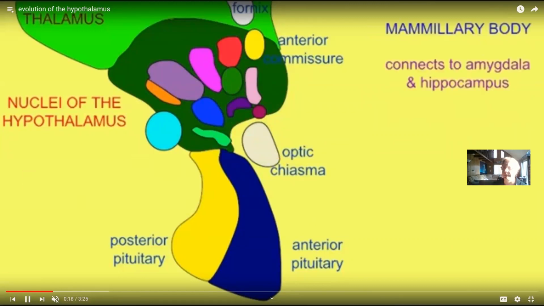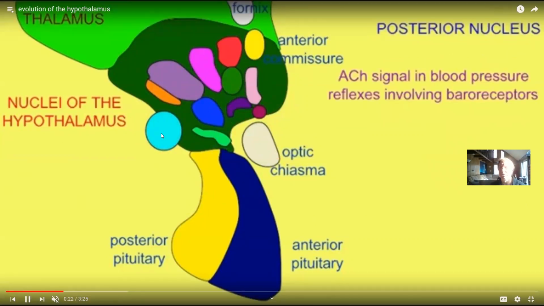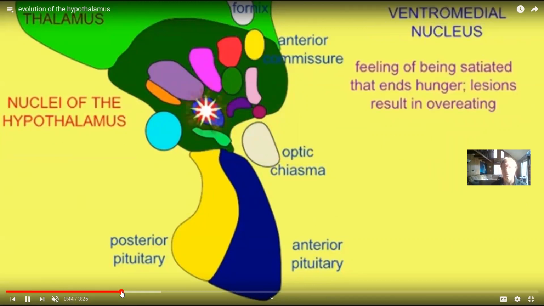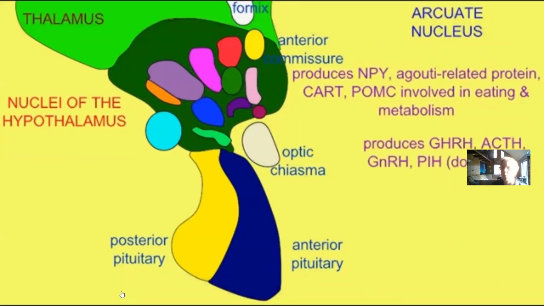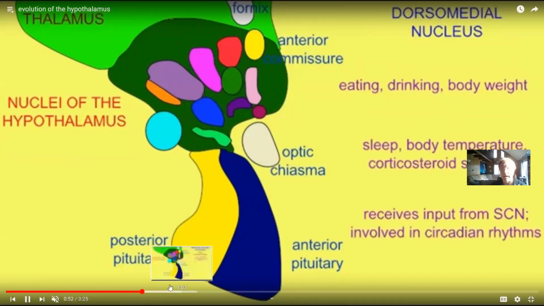So a lot of these you would associate with mammals or higher animals, but then you also have blood pressure, hunger, thirst, which are far more basic. So the hypothalamus is a very old center, but obviously as we go back and look at primitive vertebrates, you're not going to see all of the sections of the human hypothalamus.